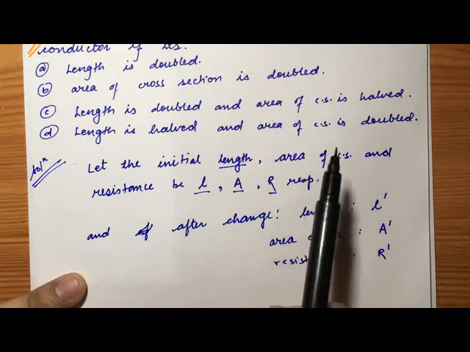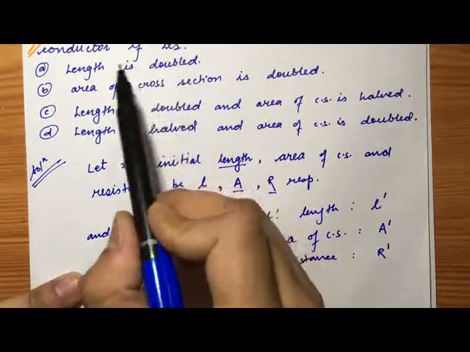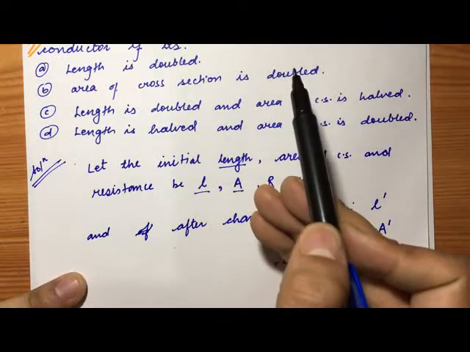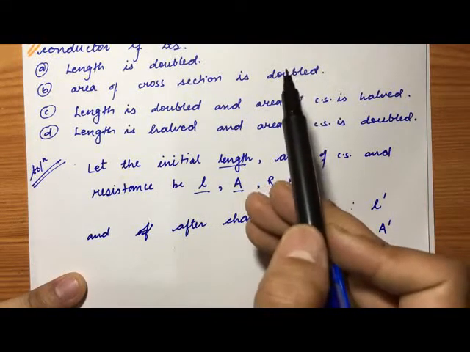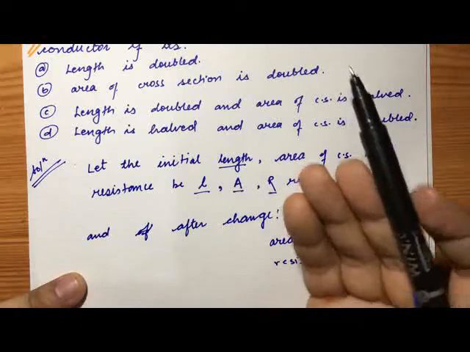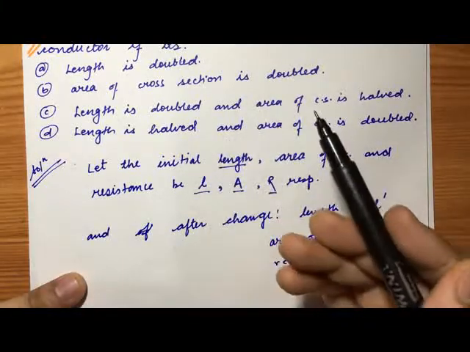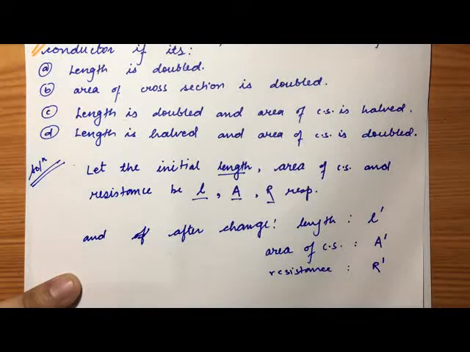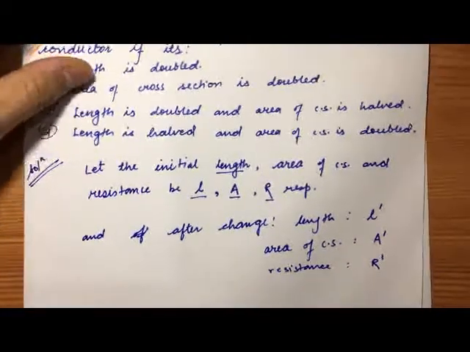Okay, if its length is doubled, that if initially they are made up of steel, now also they will be made up of steel. If initially they are made up of silver, now also they will be made up of silver. So their resistivity is same, okay, in both of the cases.